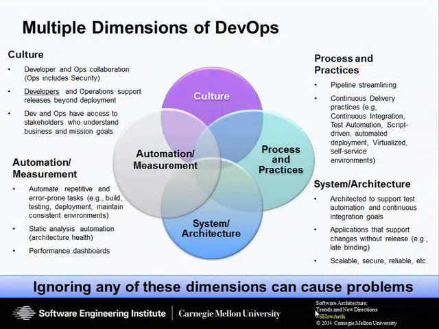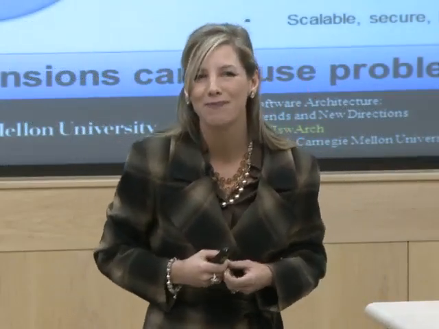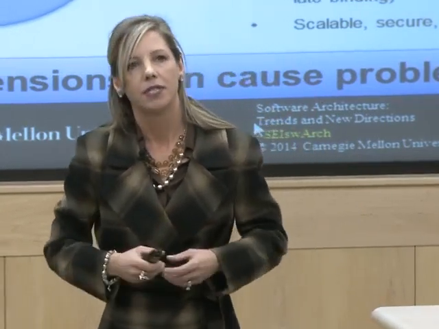Another big focus area is process and practices. So the notion of process pipeline streamlining, understanding the end-to-end pipeline, understanding where the barriers are, and removing those, as well as continuous delivery practices, as Humble's Bible, as some call it, the continuous delivery book, which covers a great set of practices that are very front and center with DevOps.